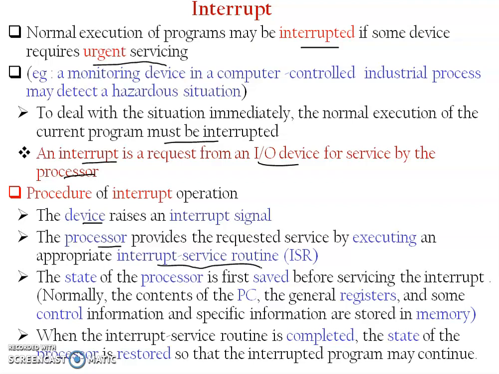The name of the file can be obtained from the user, so that the file can be fetched. So what is the task to be done based on that request? That task will be called the interrupt service routine.